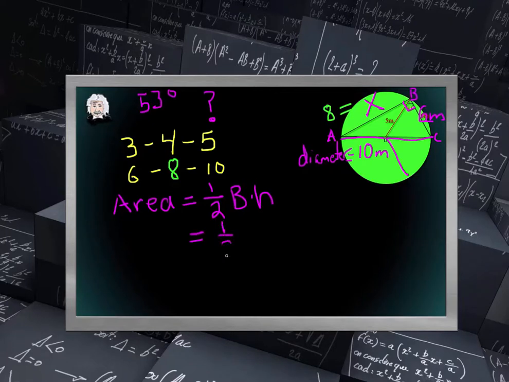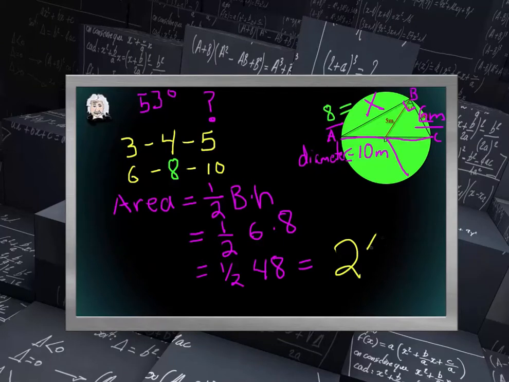In this case, it's 1/2 base of 6 meters times height of 8 meters equals 1/2 of 6 times 8, which is 48. 1/2 of 48 is 24 square meters. And that is the answer to our question.